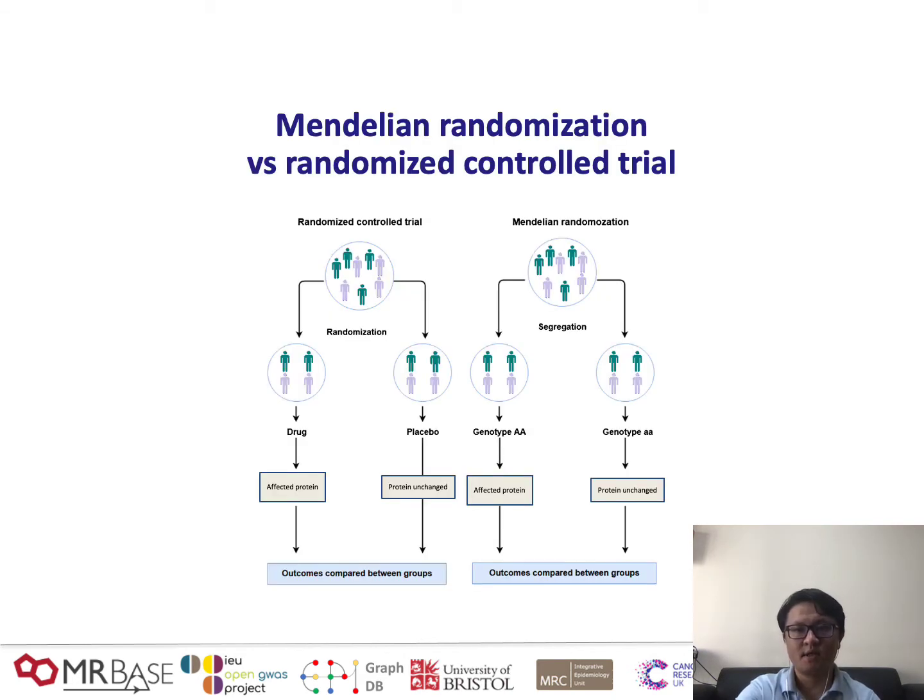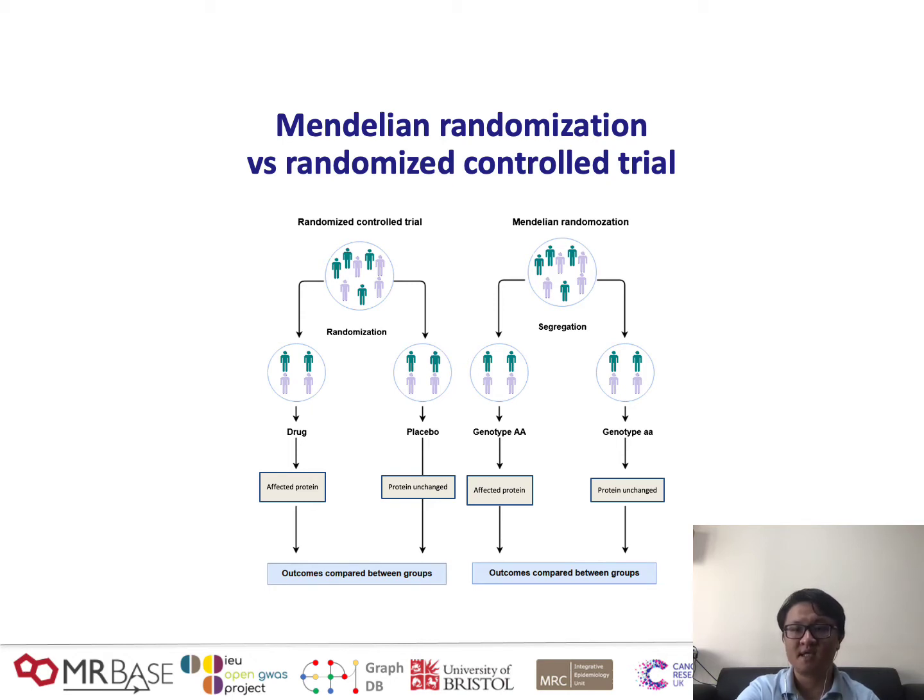Mendelian randomization is Mother Nature's randomized control trial. Segregation of alleles at meiosis mimics the random allocation of individuals to the drug and placebo arms of a randomized control trial. If the number of disease events is lower in the drug arm, we conclude that the drug by its protein target was effective for reducing disease risk.